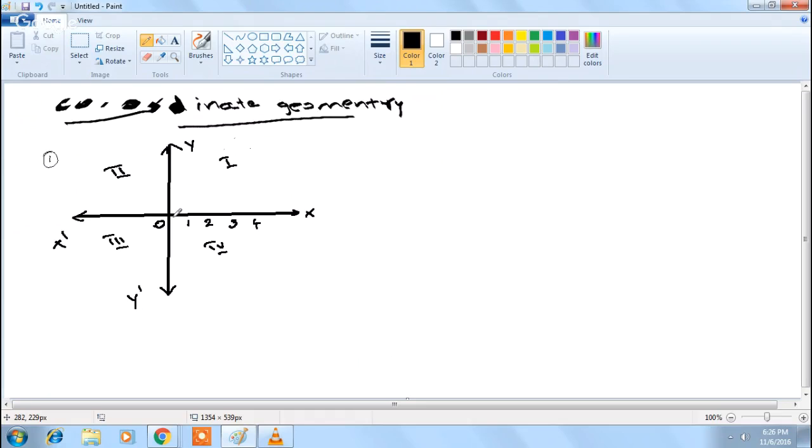So moving right-hand side from origin, we have positive quantities, and moving left side from origin are negative quantities like -1, -2 and so on. In the same manner, the upward direction of origin are positive quantities like 1, 2, 3 and so on, and downside from origin are mentioned as -1, -2, -3 and so on.